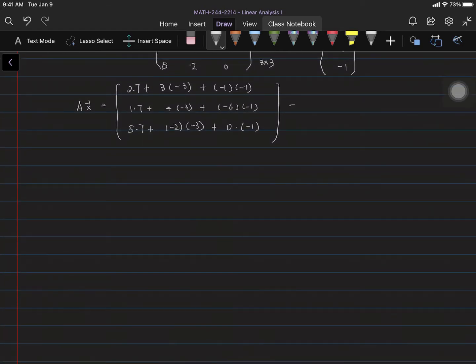Just algebra here, simplify those numbers, right? So this number should be 14 minus 9 plus 1. 14 minus 8 should be 6.